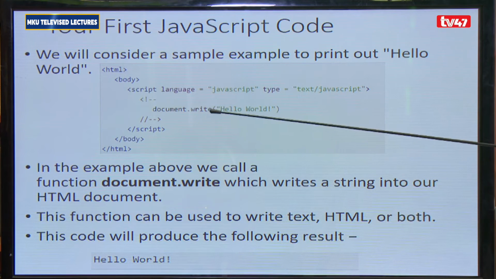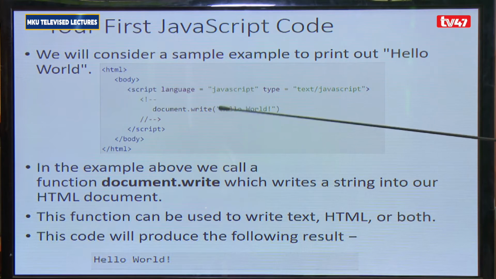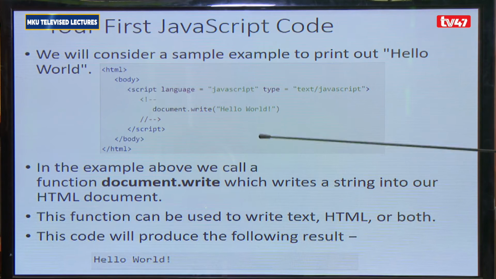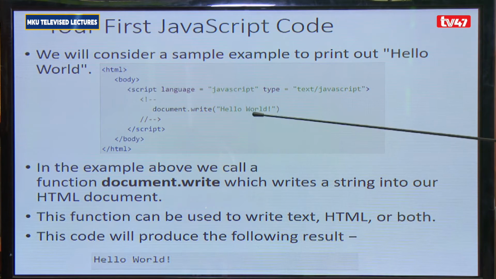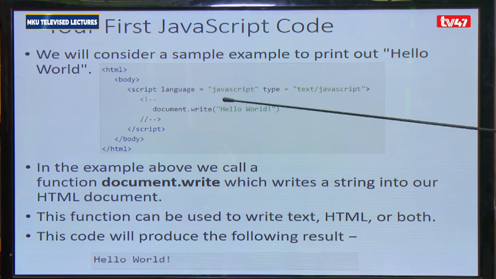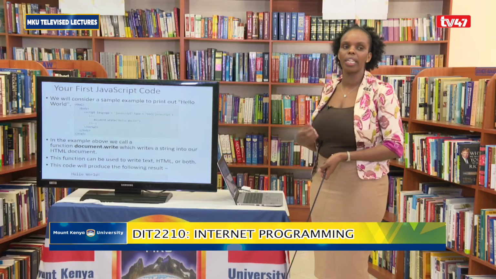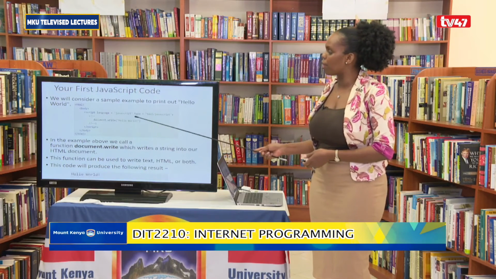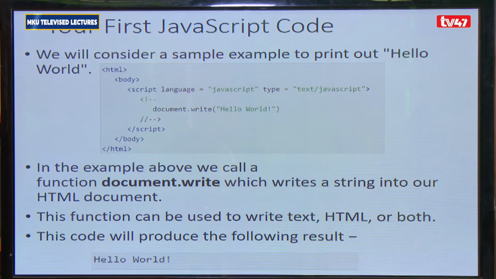As you've seen here, you have document.write and the string in double quotes of what you want to appear on your screen. So this is simply a simple JavaScript code. When you're doing this, you type it in Notepad or any text editor, save it with a .html extension and then open it with your browser. You will see the words hello world typed there on the screen.